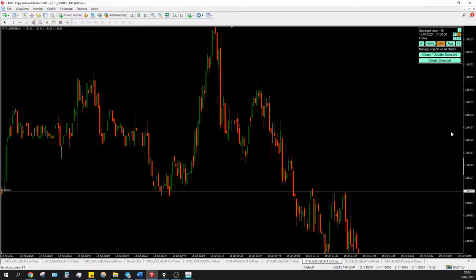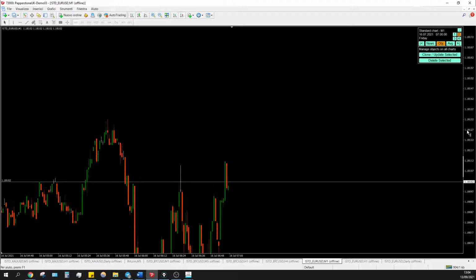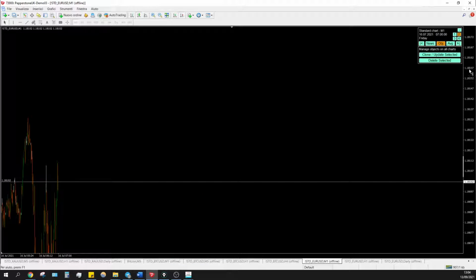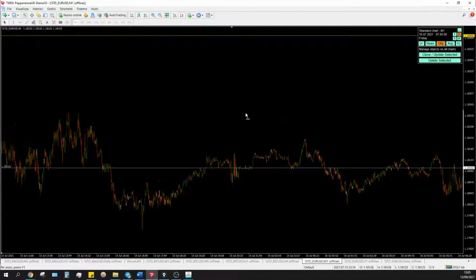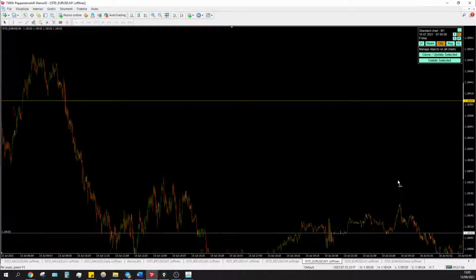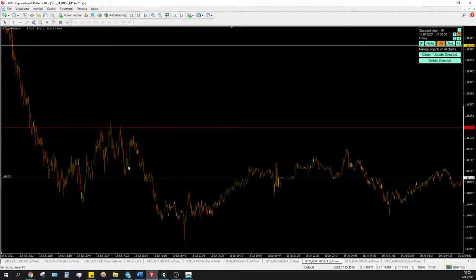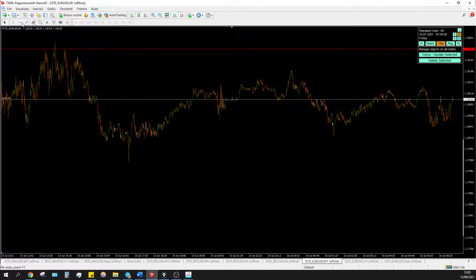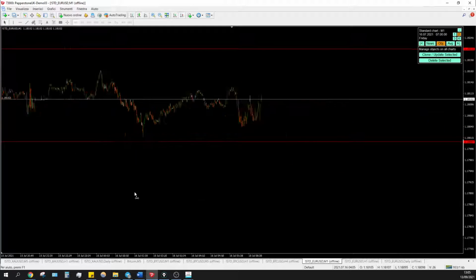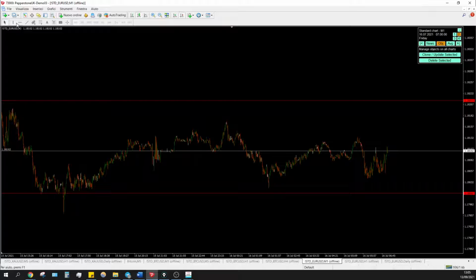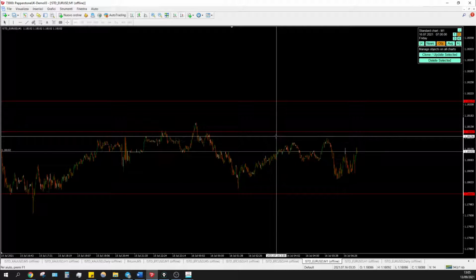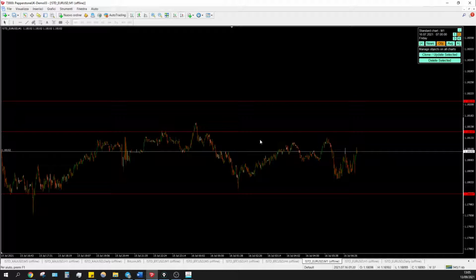So we jump on the 1 minute. There you go. Here is London open. We have this price here, this price here, a closer price here, because of some resistance, and also this one.